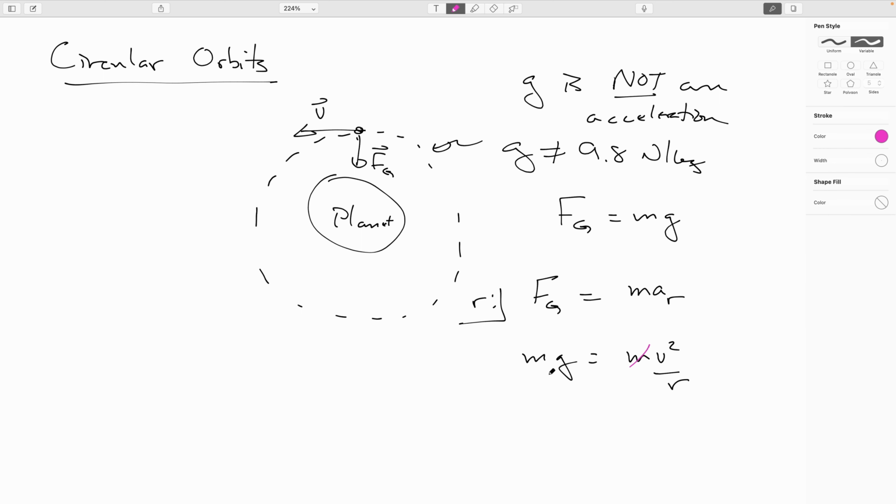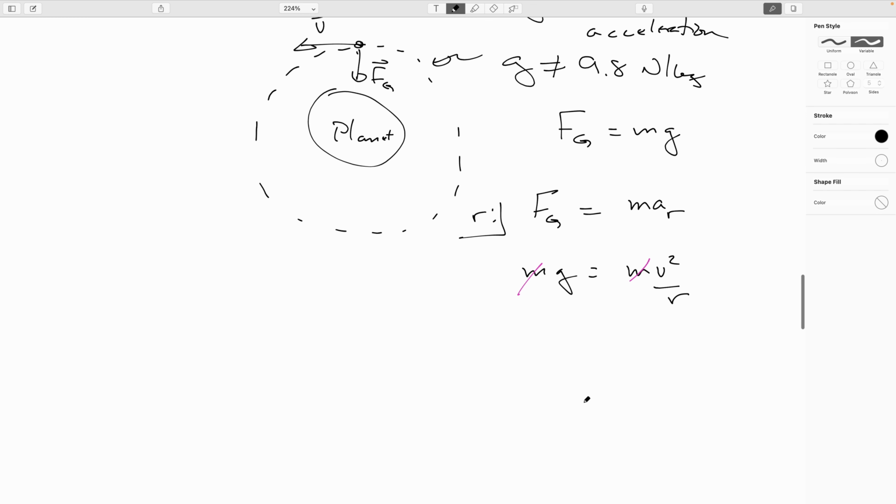So I can go ahead and cancel the m's. And what I get is that the speed of my satellite is v equals the square root of rg. We'll call this the critical speed, because it'll show up in a couple of other guys as we go along.